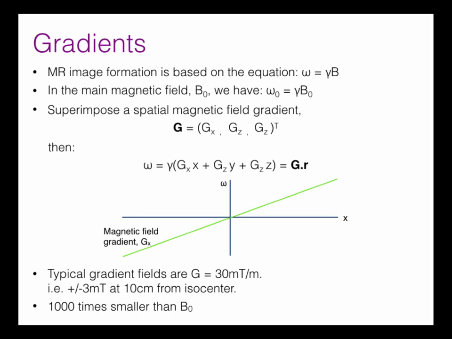They're quite small in comparison to the B0 field, about 1,000 times smaller. They just slightly affect the frequency of the spins, so on this side, with the gradient on, the spins would spin a little faster because omega equals gamma B, and here a little slower, but it's just kilohertz, not megahertz now, this additional frequency.